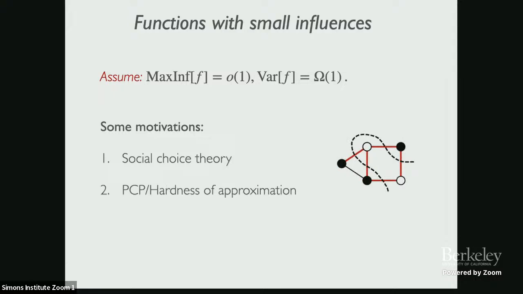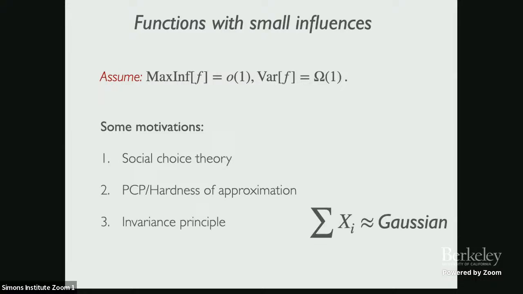The second motivation comes from the study of hardness of approximation. We know there is this dictatorship test. You want to distinguish a dictator function, meaning individual bits determine the output of your function, from functions far away from dictatorship functions. That's functions whose max influence is small.